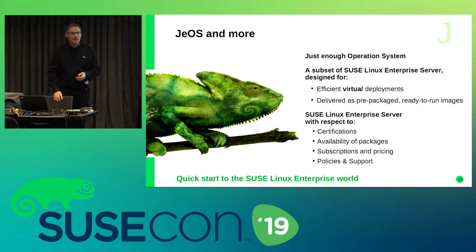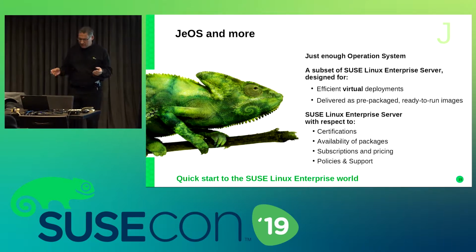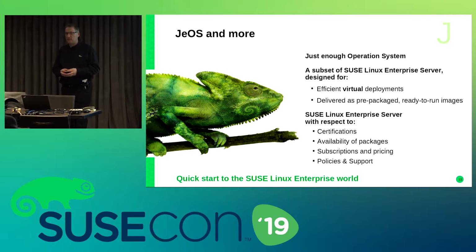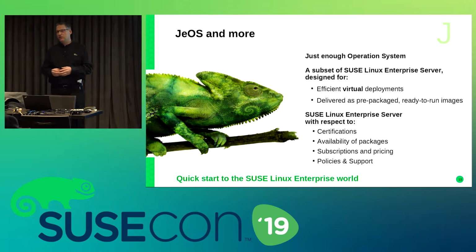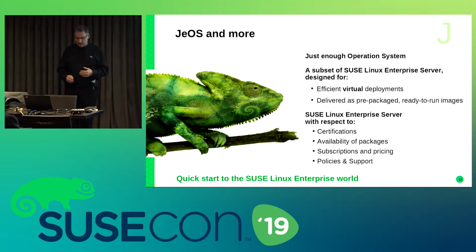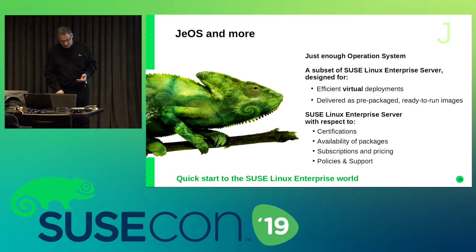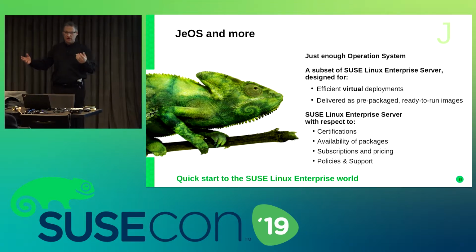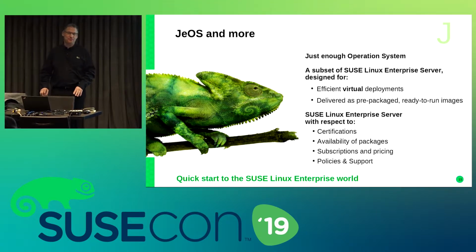And the reason why we have done that is that it provides customers a quick start into the SUSE Linux Enterprise world, specifically in cloud and private cloud and virtualized environments. Similar to that, in public cloud environments we also provide pre-packaged installations of SUSE Linux Enterprise that you can directly run. That's a given anyways.